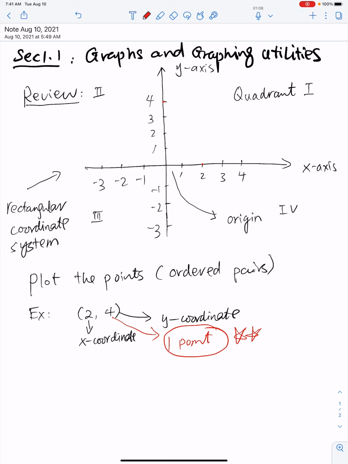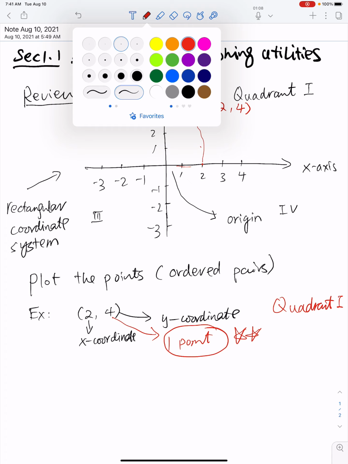You find the 2 on the x-axis, and then you go up and find 4. So here is (2, 4). It's not 2 here and 4 here. This is one common error, so be super careful. Which quadrant is this in? Quadrant 1. It's very easy, and you can practice more examples.